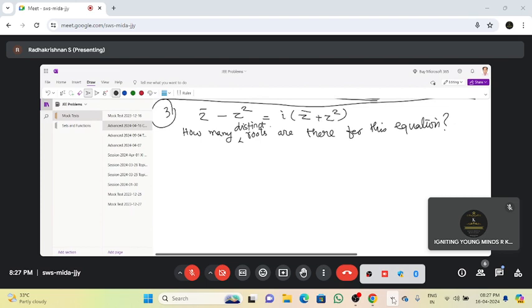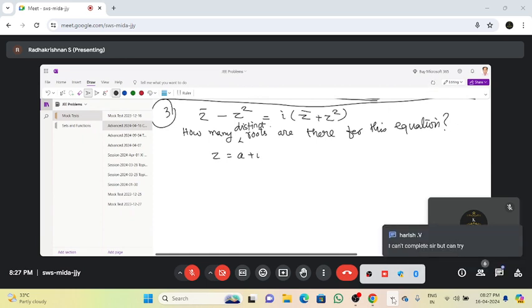Same approach now. Put z equal to a plus ib. Okay, Harish, I saw your message.